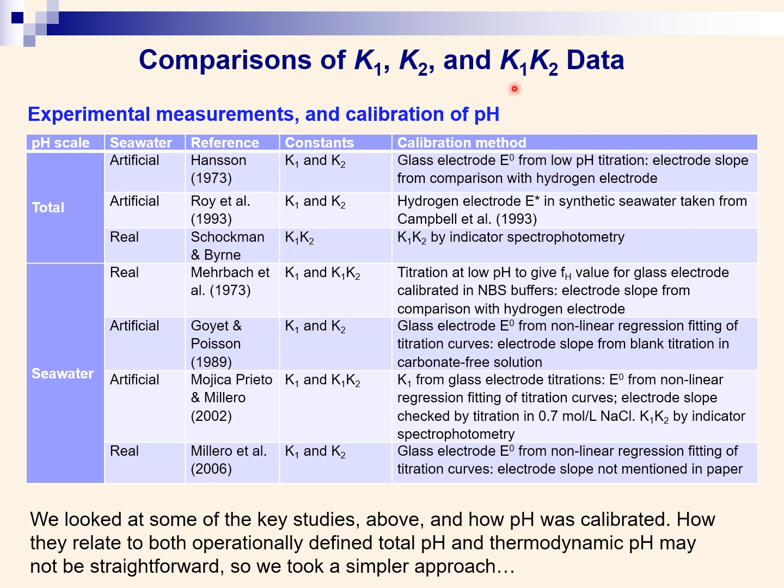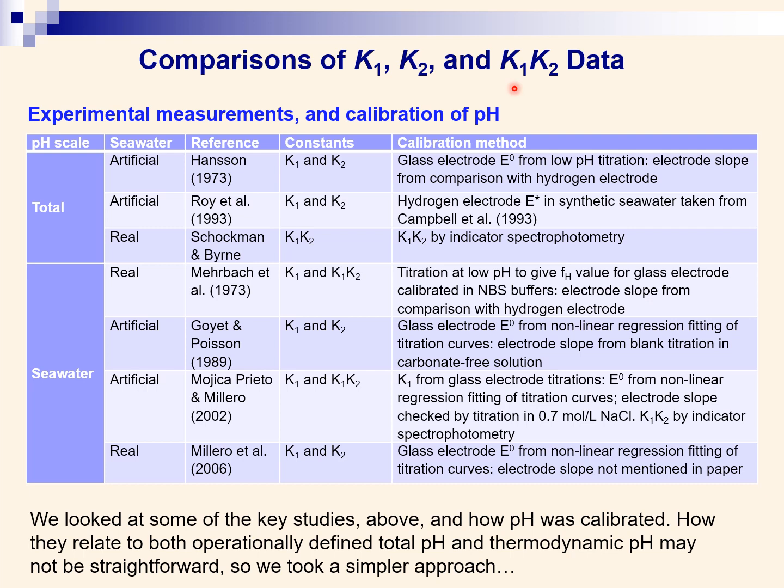Now, how the experimental pH relates to the operational total and the thermodynamic total is not straightforward, although we can say in general that those studies using spectrophotometry to determine pH would be most likely to be subject to the inconsistency that we've identified between operational and thermodynamic pH.